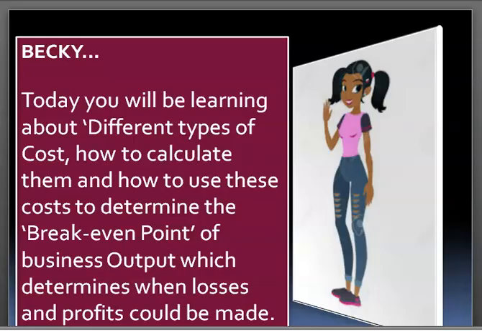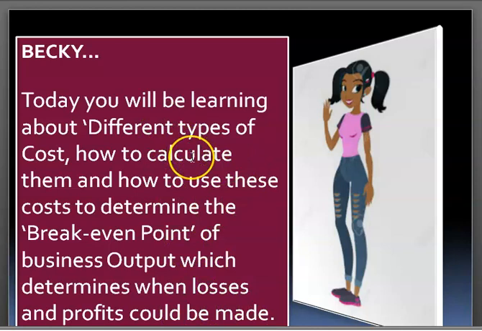So Becky, today you will be learning about different types of cost, how to calculate them, and how to use this cost to determine the break-even point of business output, which determines when losses and profits could be made. I'm going to repeat that.